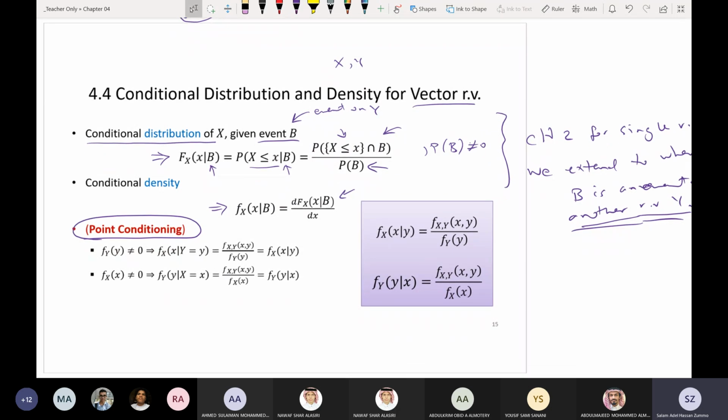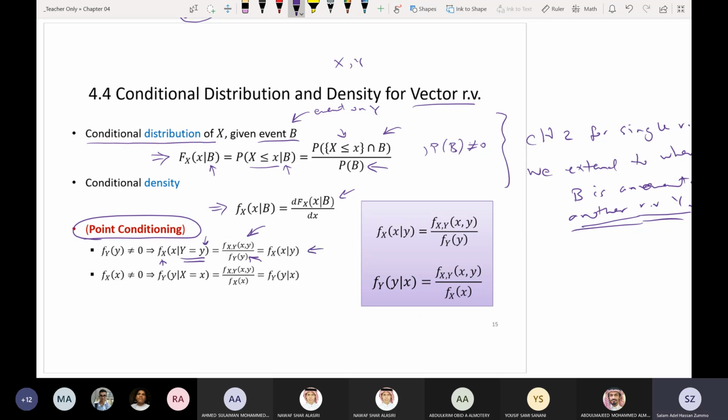The point conditioning states that the PDF of X, given Y equals a specific number, given the second random variable Y equals a specific number, is equal to the joint PDF of X and Y divided by the PDF of Y evaluated at the value y.